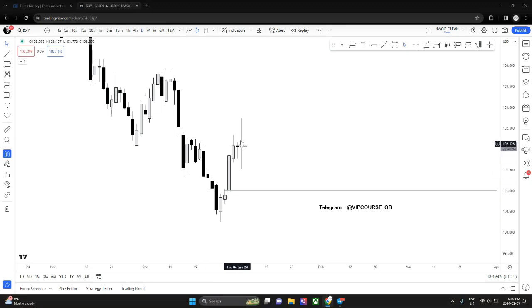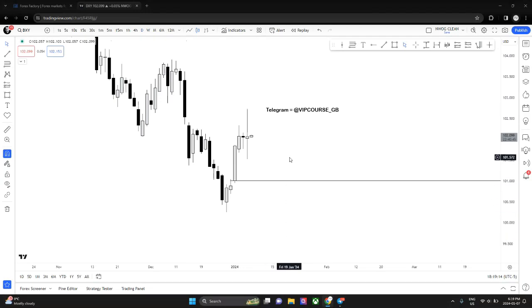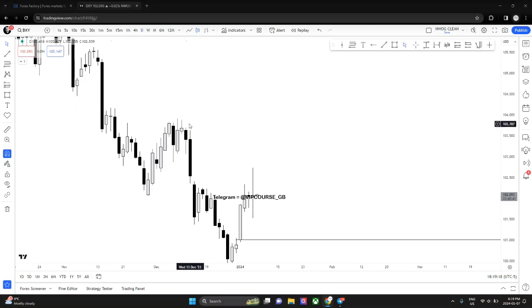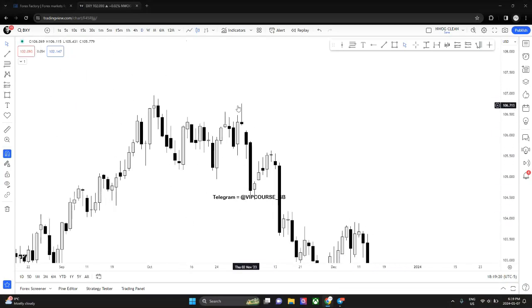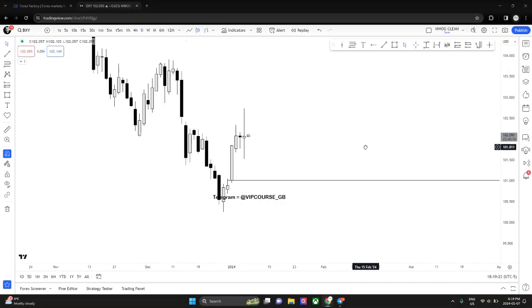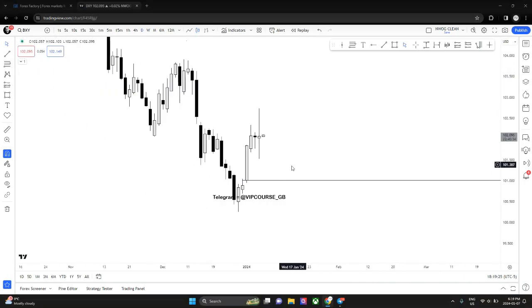So if price was to either go below this, take the liquidity here, and go above, then this would serve as support, sending price higher to get these highs right here. Opening price, yearly cycle right here.